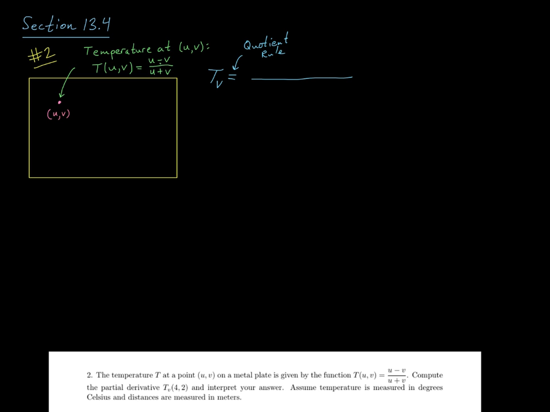So I'm going to take low d high minus high d low over low squared.